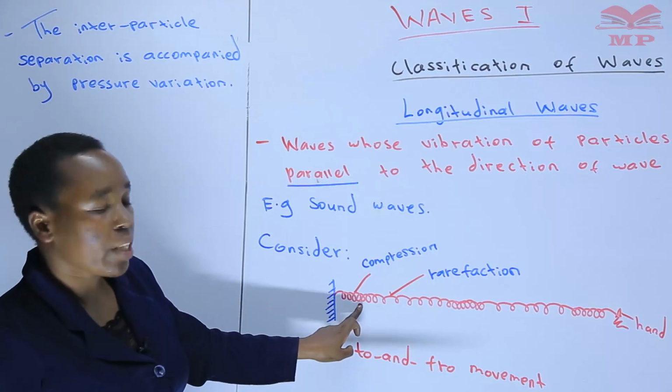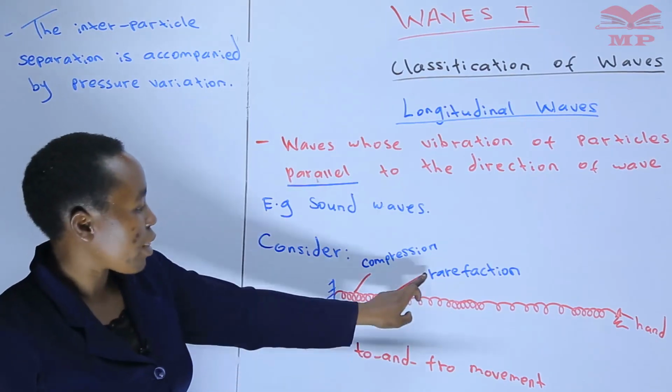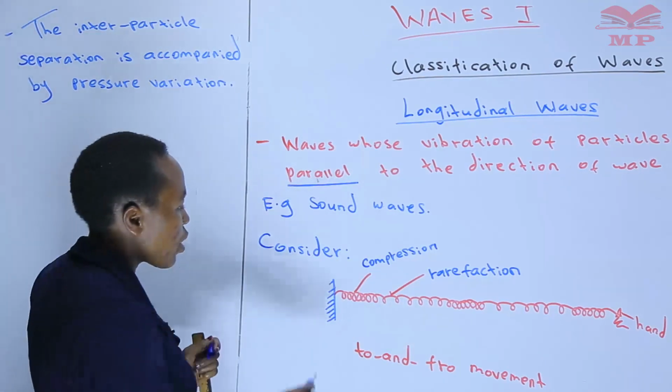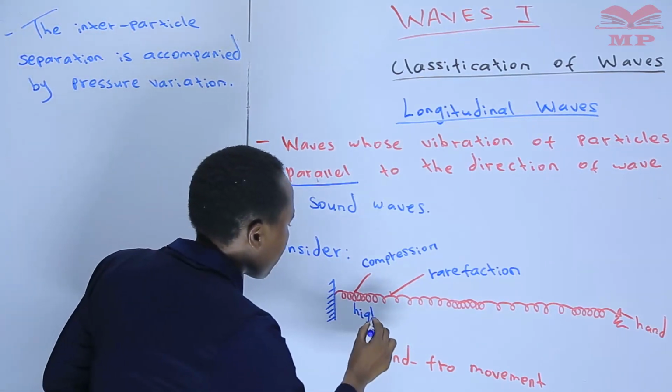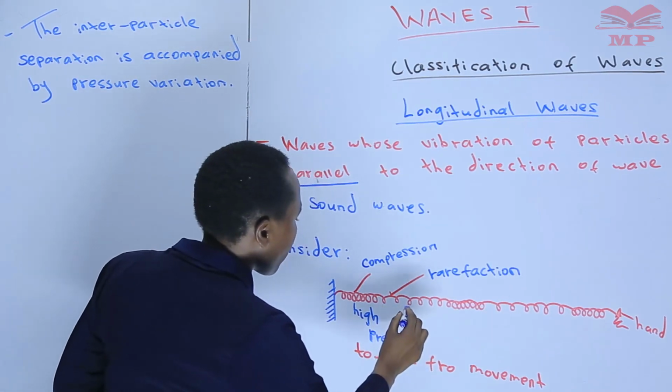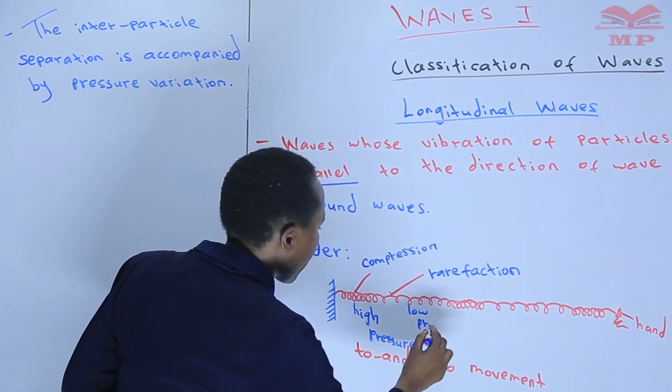So at the compression, there is high pressure. At this section of rarefaction, there is low pressure. So here there is high pressure, whereas at the section of rarefaction, there is low pressure.